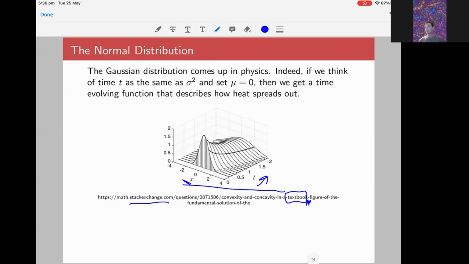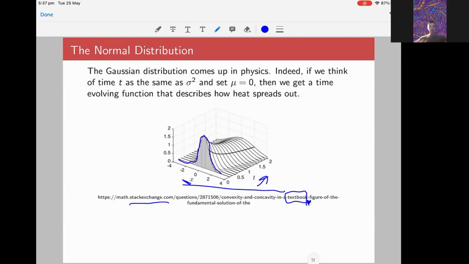Now, the reason this comes up in physics all the time is because lots of things in physics tend to spread out over time. You have things that are concentrated and they want to spread out. One of the most important things to a physicist would be heat. And so we can think about this sort of thing as being a temperature profile.